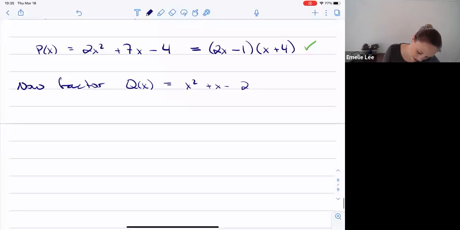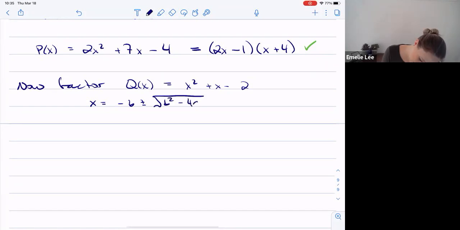And so here I get x is negative b plus minus, sometimes I don't even write down the formula, I just plug stuff in. b squared minus 4ac over 2a.